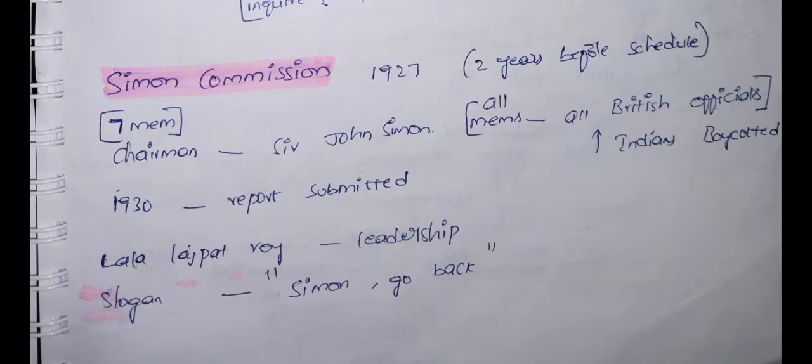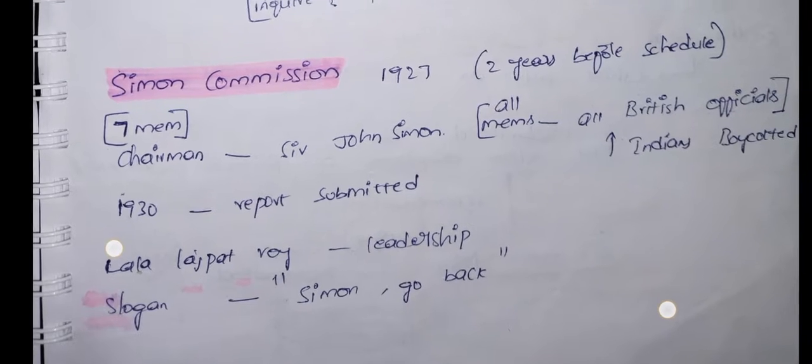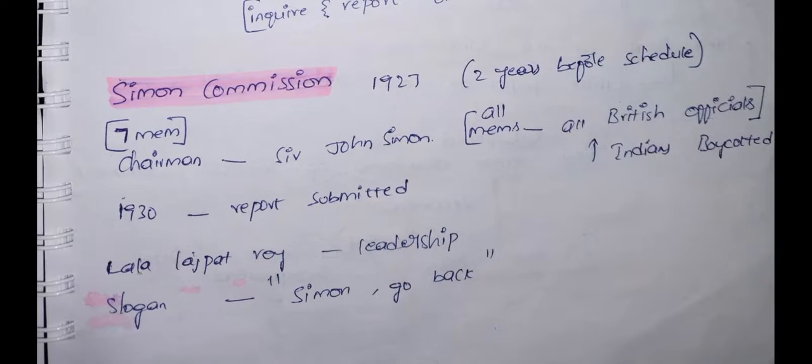In this commission, all members were British officials, so there was no Indian to review the Government of India Act 1919. So Indians boycotted the Simon Commission, which submitted its report in 1930, and under the leadership of Lala Lajpat Rai, we gave the slogan Simon Go Back.